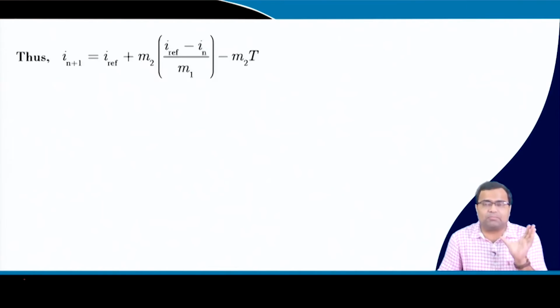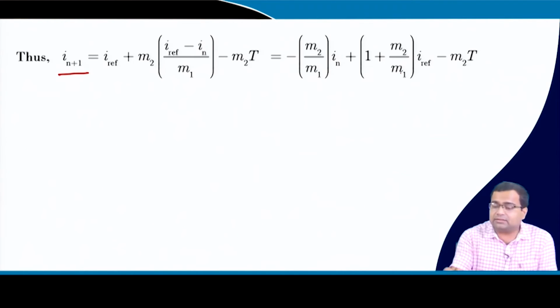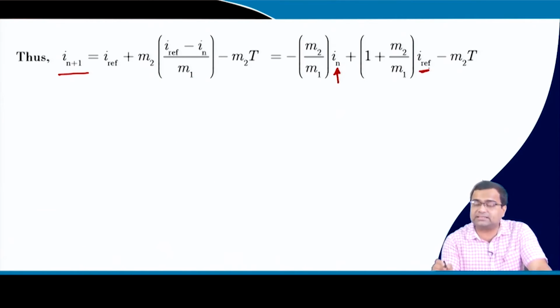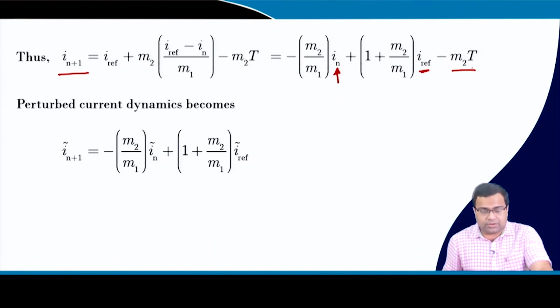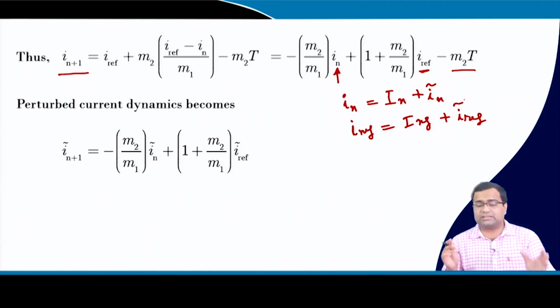Now, we are writing the complete current equation. Here this is the final current, and if you write the whole expression, it is a function of the initial current, reference current and the slope. Now we are talking about the perturbation part of current dynamics. In order to obtain it, we replace I n with capital I n plus i n perturbation, and I ref with capital I ref plus i ref perturbation.